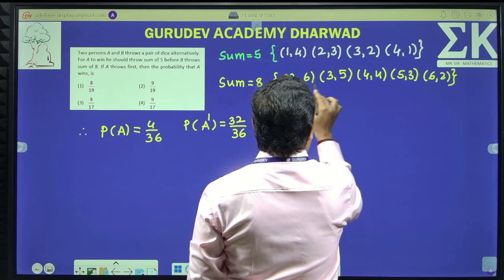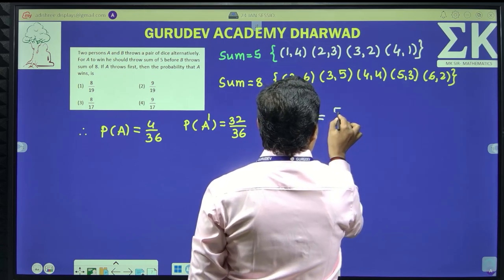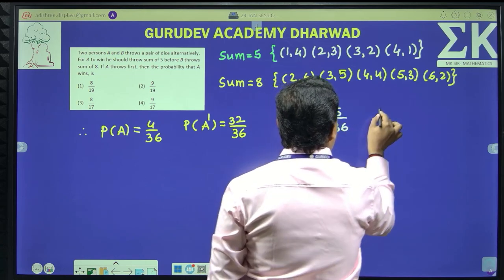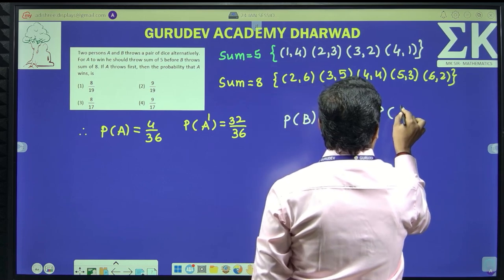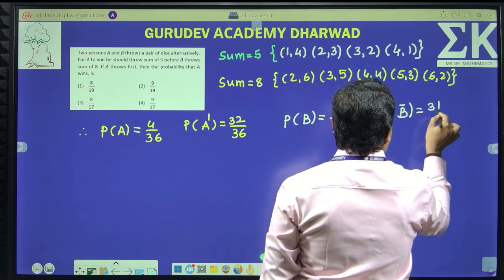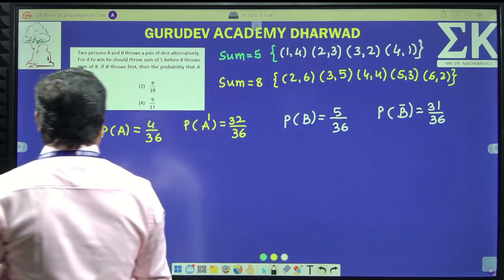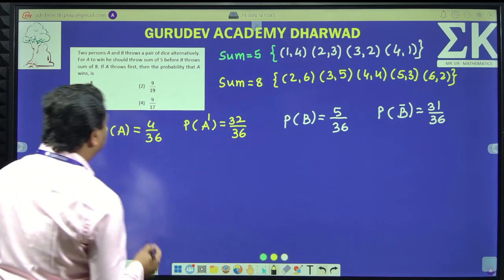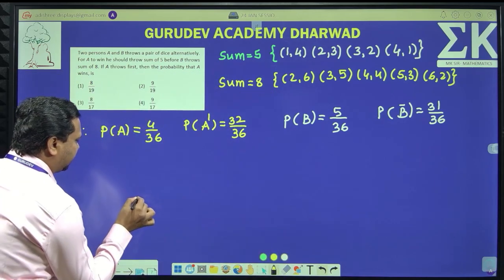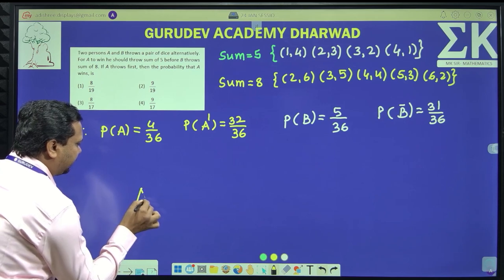How many? 1, 2, 3, 4, 5. 5 divided by 36. What is the probability that B fails? 31 by 36. So what he has given, if A throws first, okay, first A will throw here, please try to understand.